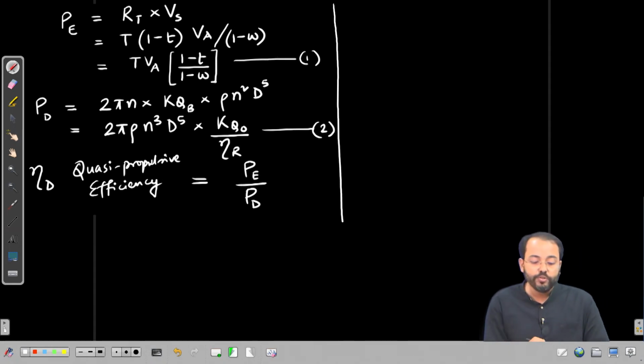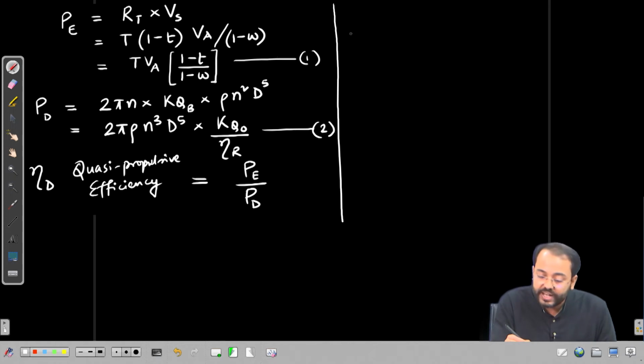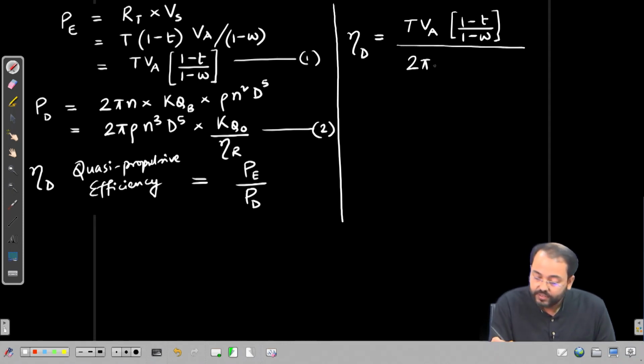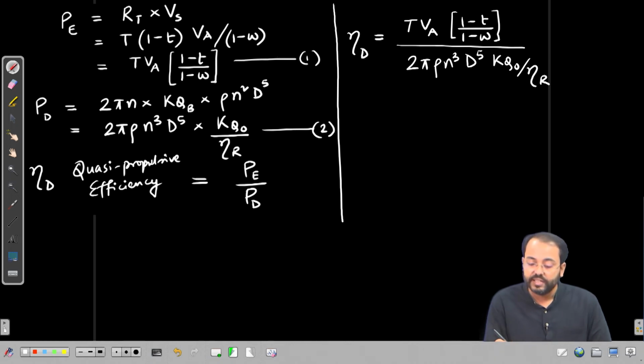Now, using 1 and 2, we can write eta D equals T Va times (1 minus T) by (1 minus wake fraction), divided by 2 pi rho n cube, by eta R. Okay.